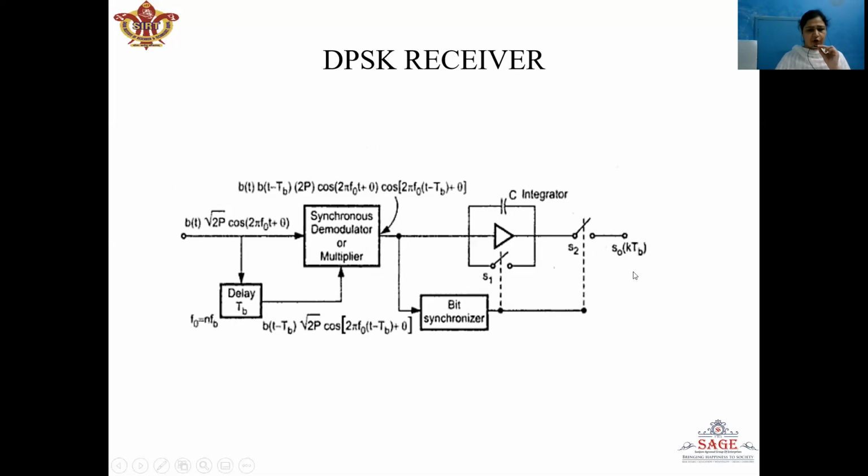Now, if we want to obtain the output at the end of the kth bit, which is represented by S0 of kTB, the integrator will sum up the signal from (k minus 1)TB to kTB. So the integrator will sum up this incoming signal for 1 bit duration TB, which will be from (k minus 1)TB to kTB.